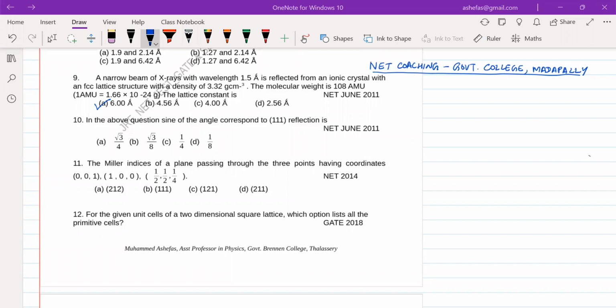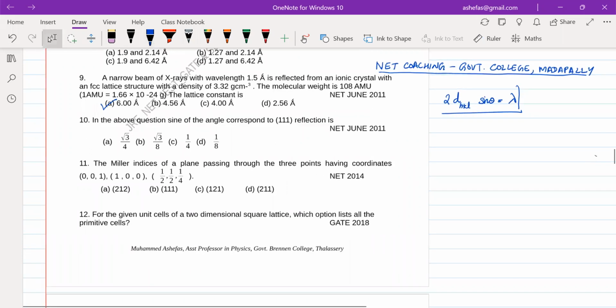According to Bragg's law, we get the maximum diffraction when 2 d_hkl sine theta equals lambda or a multiple of lambda. For the first order, it is simply equal to lambda. This is what is called Bragg's law.